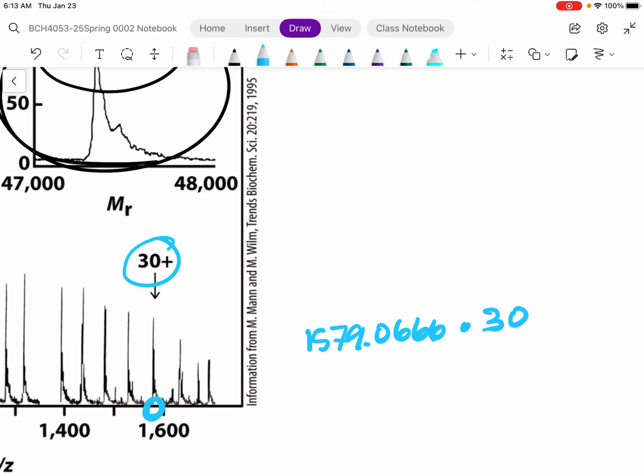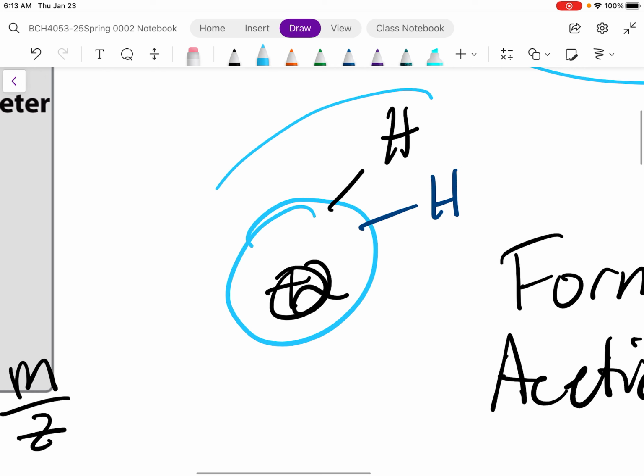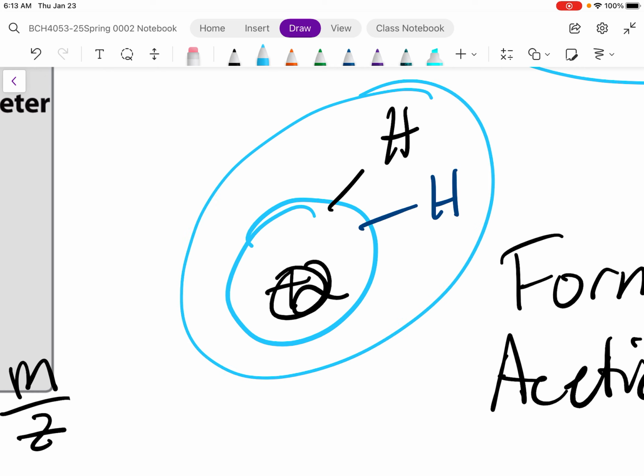Good thought, good thought. What did I do in this picture right here? Here's my hint for you guys. What did I do here? I added hydrogens. In order to get that protein to be charged, I had to add hydrogens.